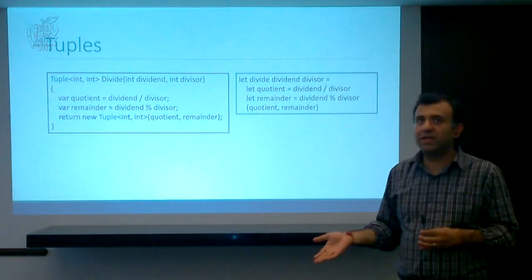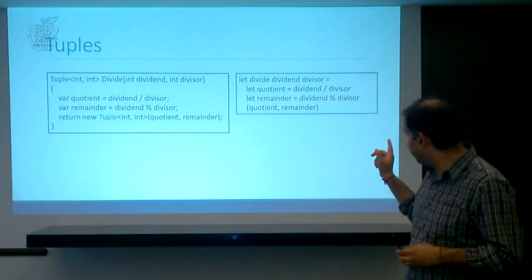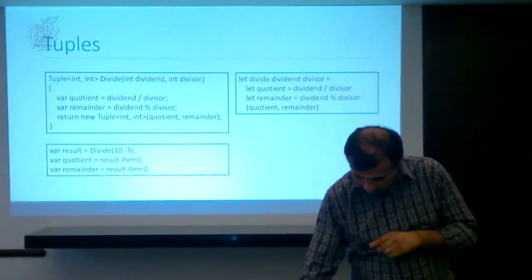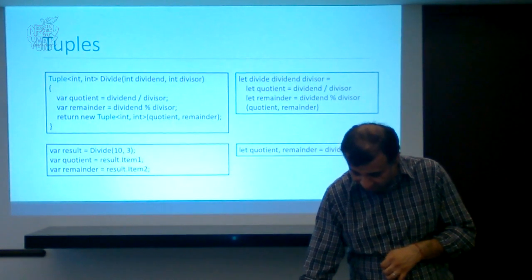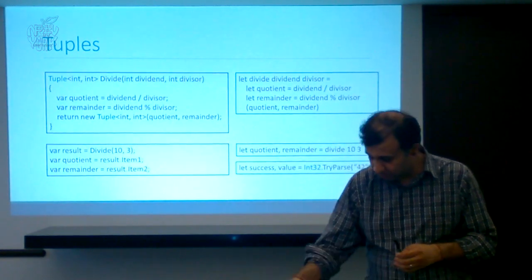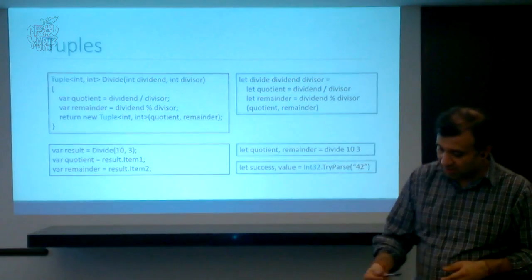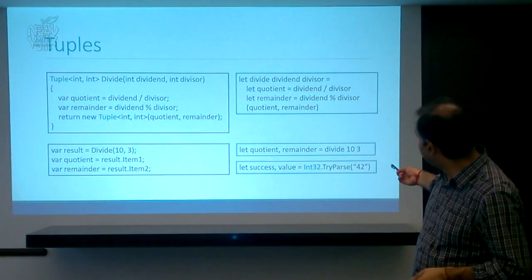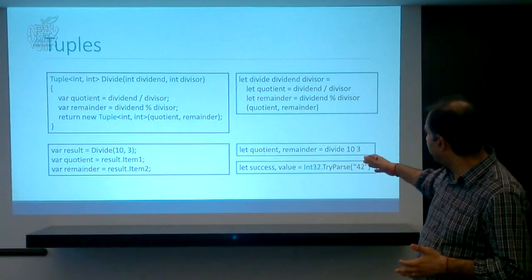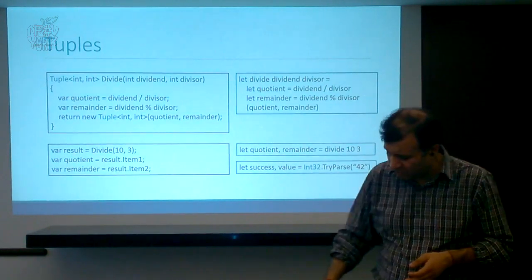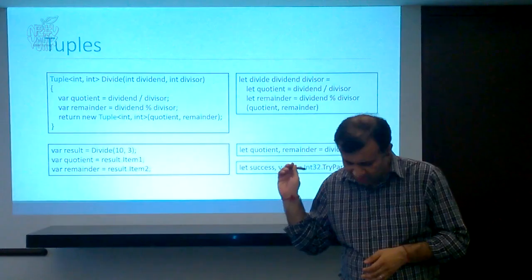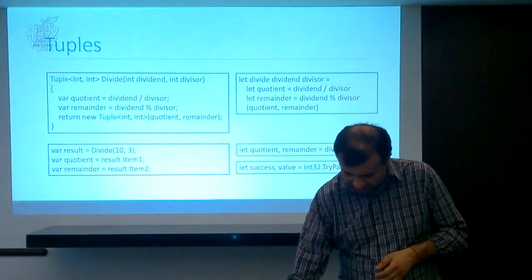You don't need to declare the types because the compiler will infer them for you. So that's how you declare it, that's the corresponding F# code. You can parse it, and the standard F# library would say try parse, it will have a success boolean variable, and if you fail, it might be some random value. There's another thing called options actually for this case, but we'll talk about that later on.